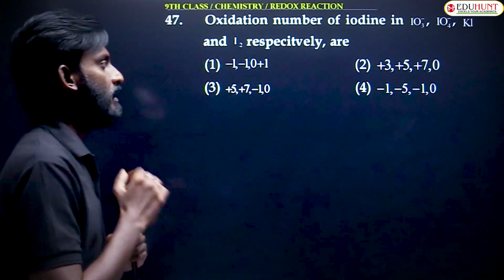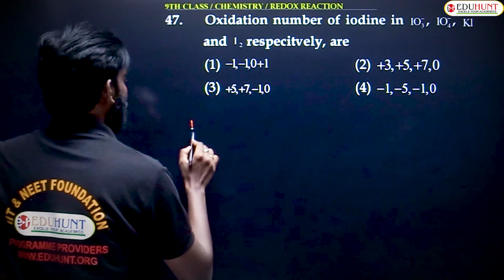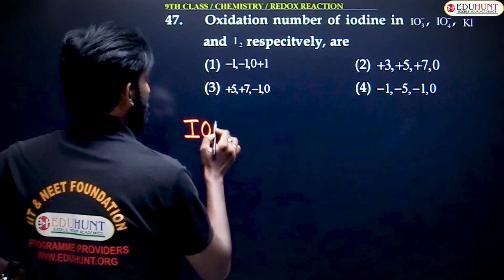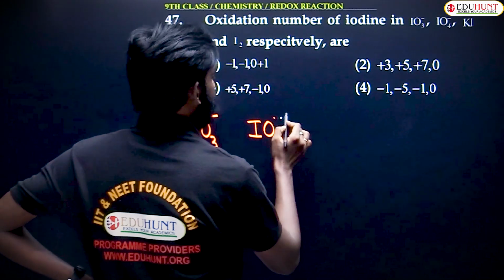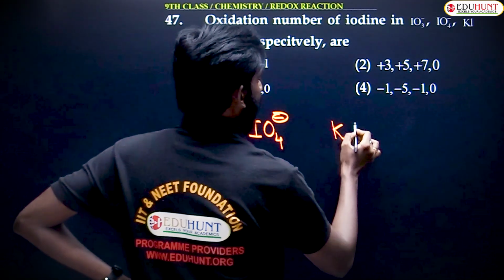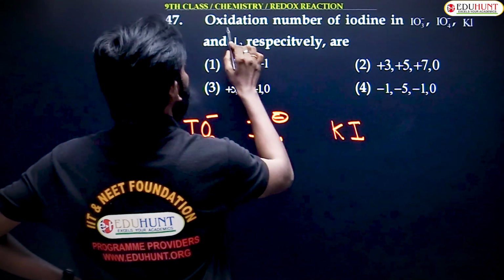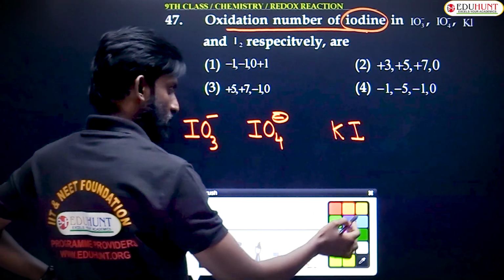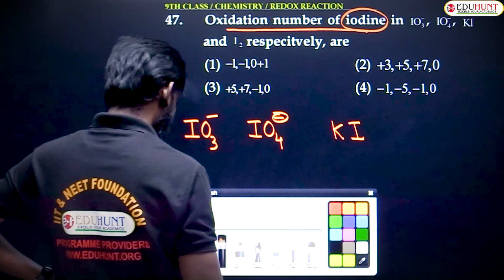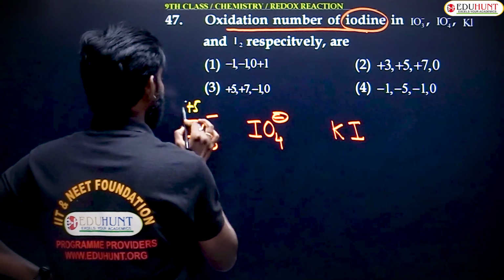Oxidation state of iodine in IO3 minus, IO4 minus and KI. So the oxidation number of iodine in IO3 minus, we did several times, it will be plus 5.